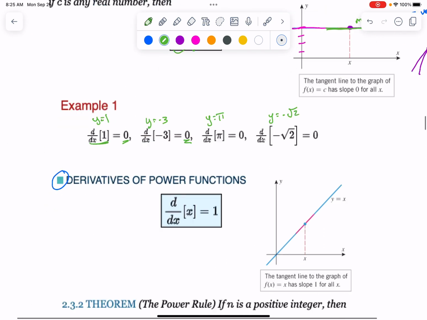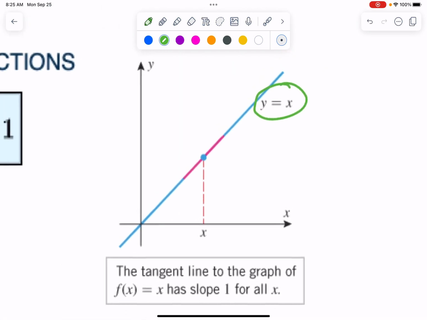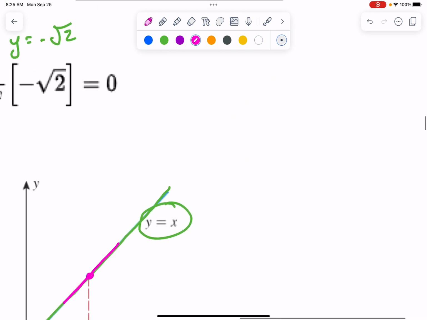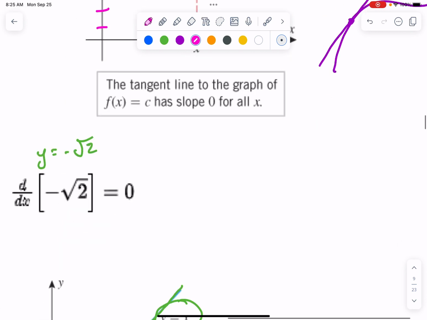Okay, now when you have a power function like y equals x, they've graphed it here. It's kind of the same type of thing. It's angled, y equals x. If I am trying to find the slope of the tangent line at this dot, my tangent line is going to live on that line as well, because I can't just graze it, hit that spot and go on.